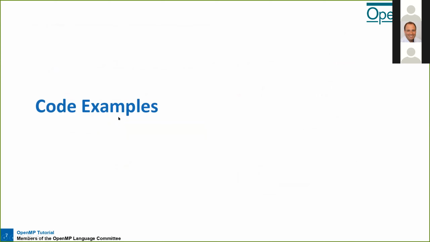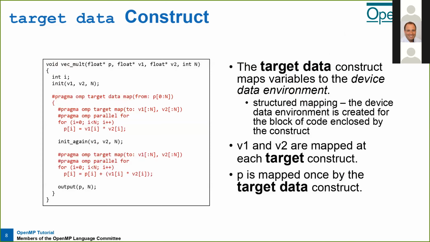With that said about data environment and target update, I wanted to show some examples. First, a slightly different code to explain in more detail the data environment, and then the updates between the host and the device. This is a vector multiplication, not necessarily a very efficient one, because it partitions the vector.